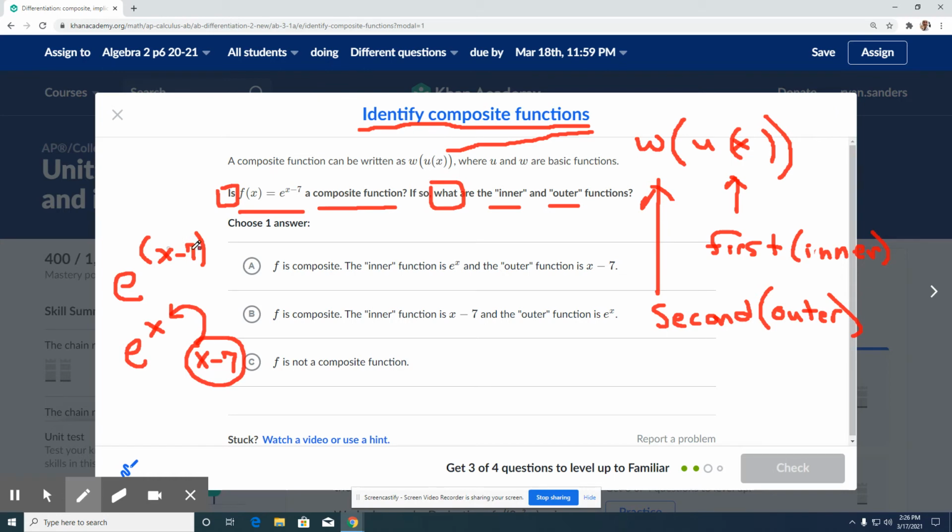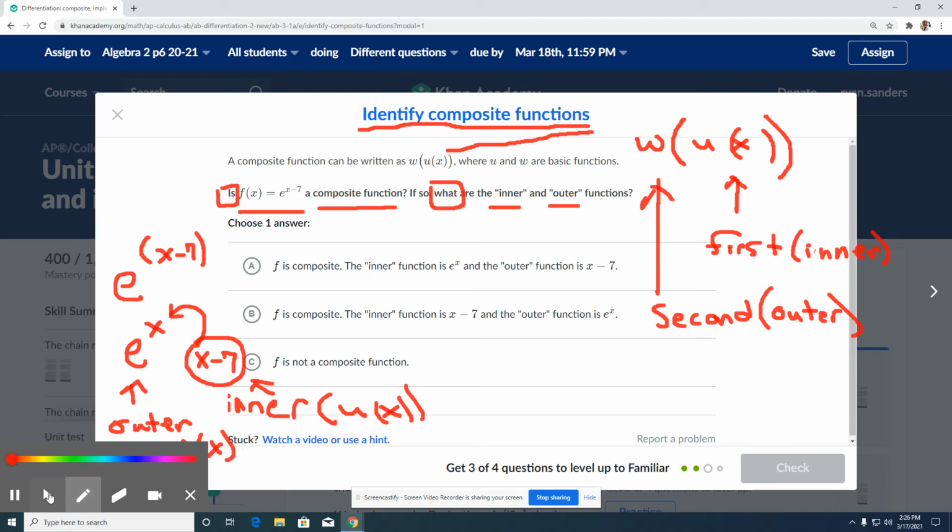First we would subtract 7 from it. Then we would do the e to the x part. So this is our inner, and this would be our outer. They're using inner as the u function, and the outer as the w function.